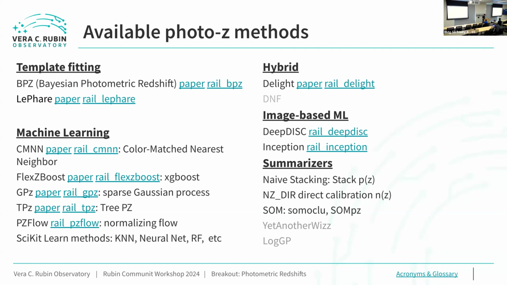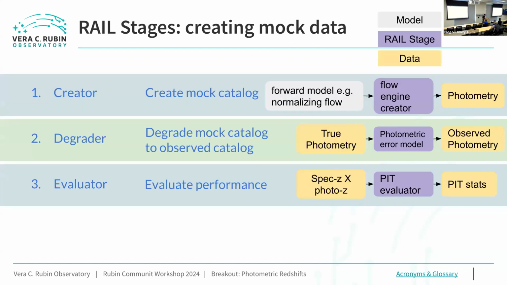So other than the photo-z methods, RAIL also tries to provide infrastructure to create mock photometry and also evaluate the performance of different photo-z methods. So first and foremost, we have creators and degraders.